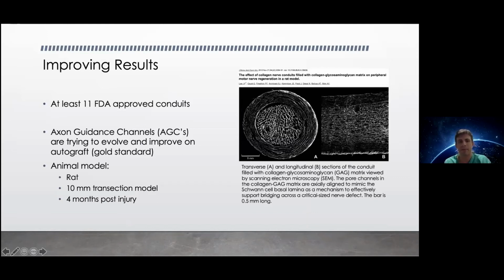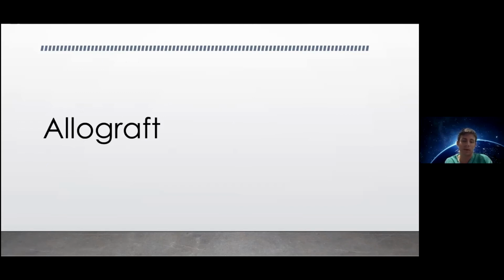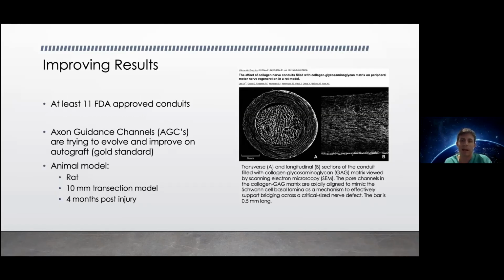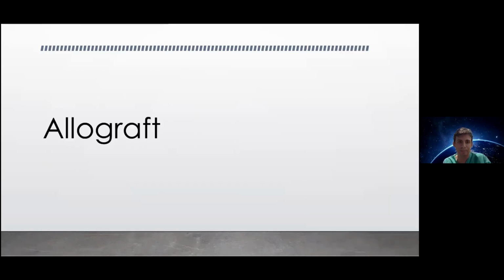And this is a paper from 2012 that looked at this Integra-made conduit that tries to recapitulate the basal lamina with longitudinally oriented channels. And they showed pretty good results with that. Still not as good as autograft repair, which is kind of an artificial gold standard in animals because you don't have an autograft in humans that's as large as the actual transected nerve.